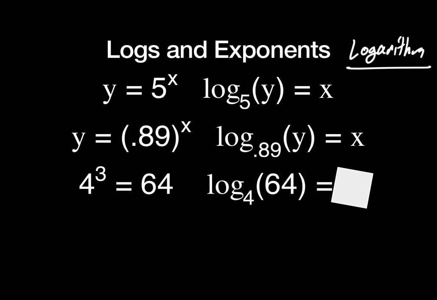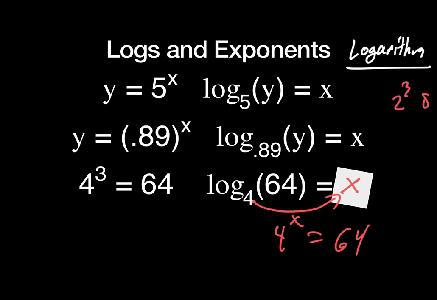A logarithm is a different method of writing down an exponent. So if this were my problem, I'd say 4 to what power is 64? Or if this were just an x, it would be saying, okay, 4 to the x power is 64. And then you'd have to remember, do I know my powers, some of the more common ones?